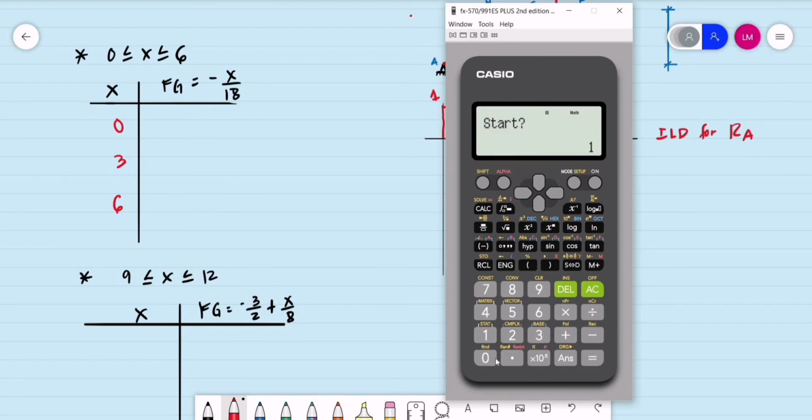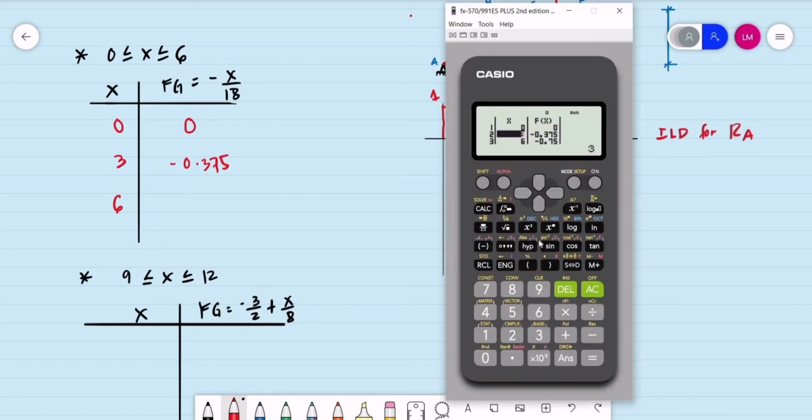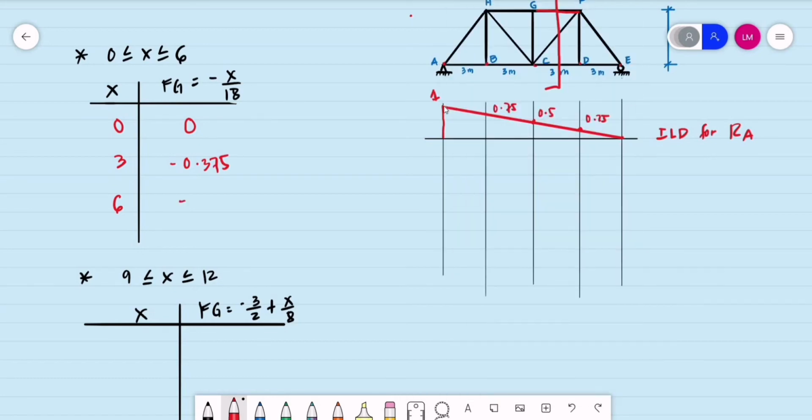We are starting at 0, ending at 6, and the step is every 3 meters. At x equal to 0, that is obviously 0. At x equal to 3, we have negative 0.375. Then at x equal to 6, that will be negative 0.75. These will be the ordinates for the ILD for FG for that interval, from 0 to 6.